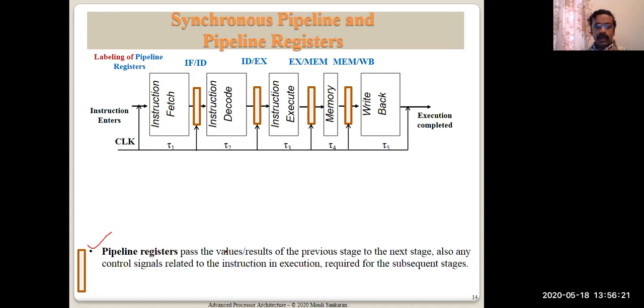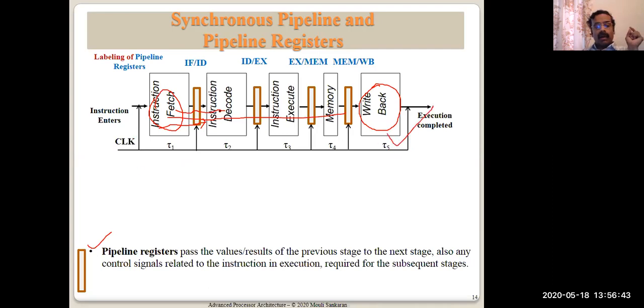Pipeline registers pass the values of results across the stages. They also pass the control signals, because the instruction fetched should be passed across, so that when write back is happening, you know whether it is add R1 comma something or R3 comma something, so that it can perform that job here.